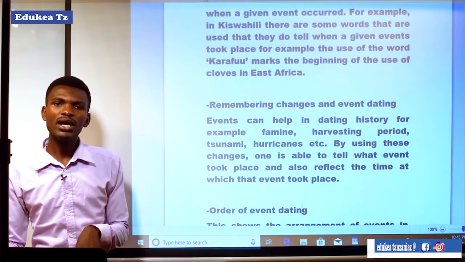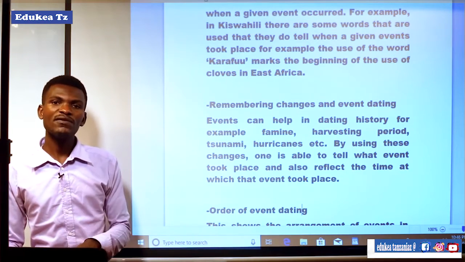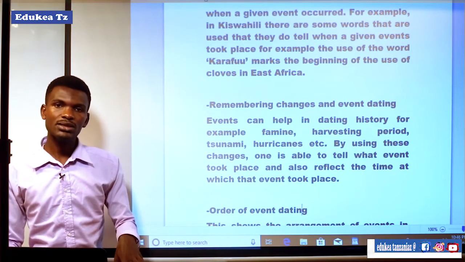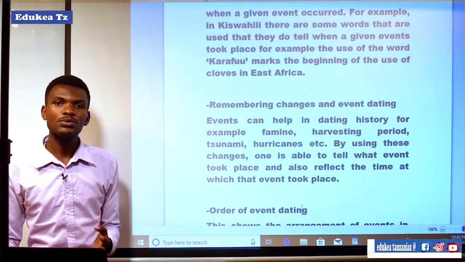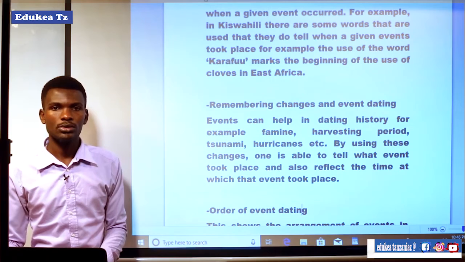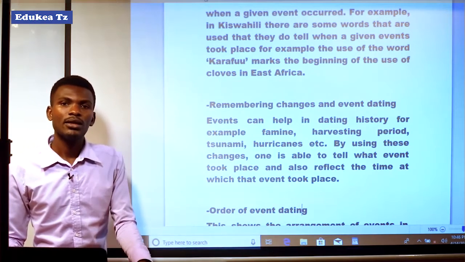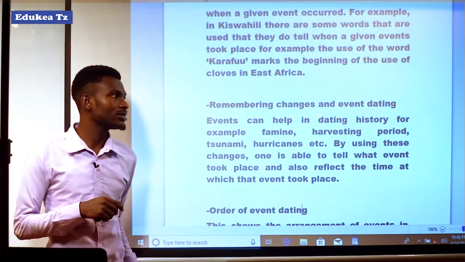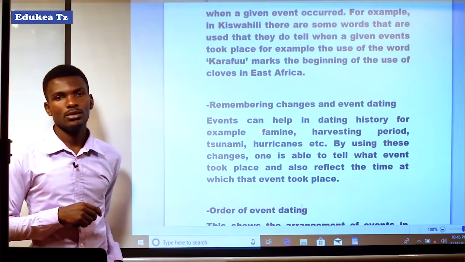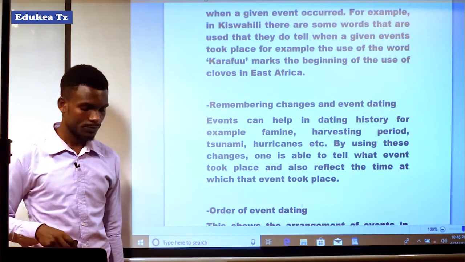So probably that event has made you able to tell the date of events that took place during that time. That may be the collapse of the East African Community, which occurred around the date of the Kagera War. So that's how we use remembering changes and event dating in order to determine the date of a historical event.